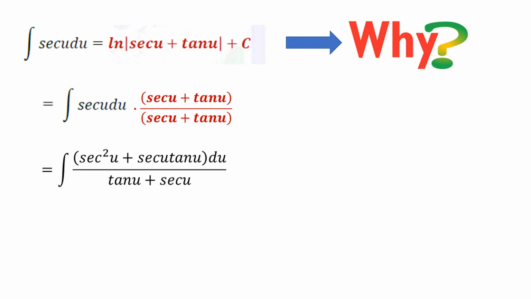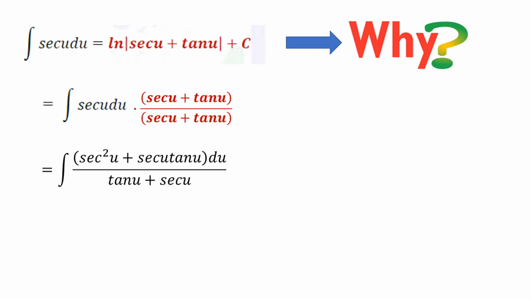If we take the differential of the entire denominator, the differential of tangent u is actually secant squared u, which is found in the numerator, and the differential of the second term of the denominator, secant u, is secant u tangent u. So secant squared u plus secant u tangent u is found in the numerator.